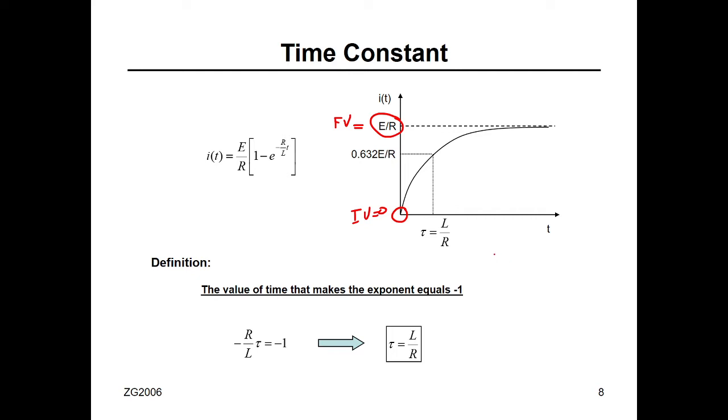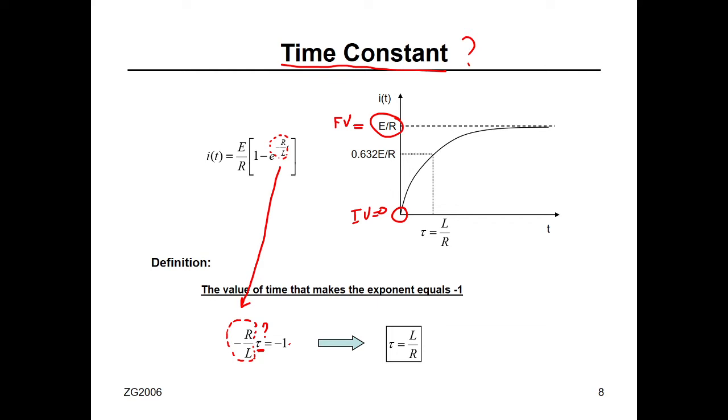Now we will define a new term called time constant. What is time constant? You will need this power value. How much is the power? The time constant is the value that, if you multiply by the power, it will change it to -1.